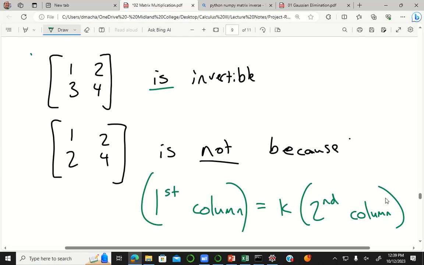What is that scalar? Do you know what scalar you multiply times the second column to get my first column? Yeah, in this equation, first column equals k times second column. What's k?